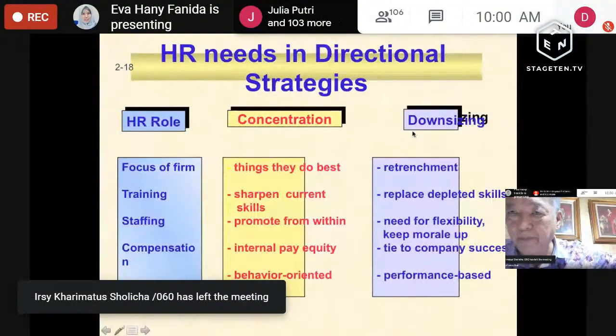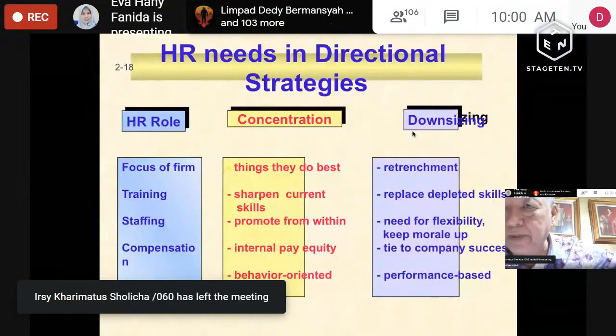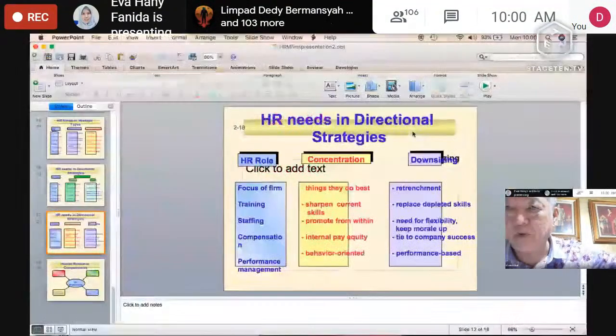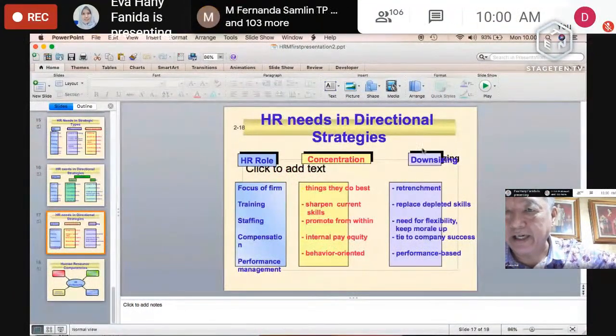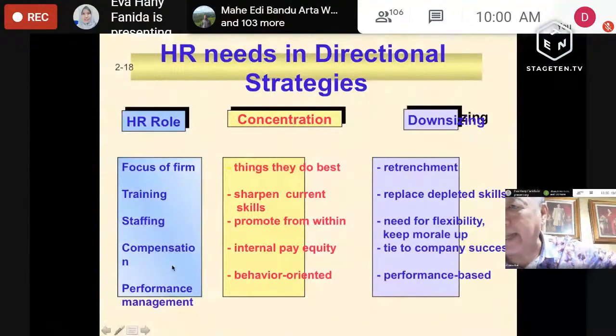So if we are in the stage of maturity, we use concentration strategy. If we go to the decline situation, we use downsizing strategy.